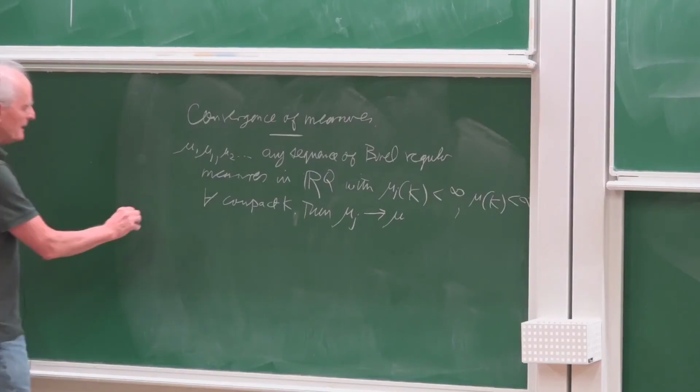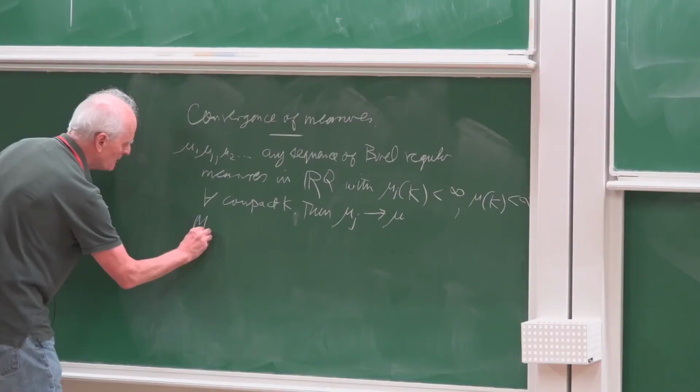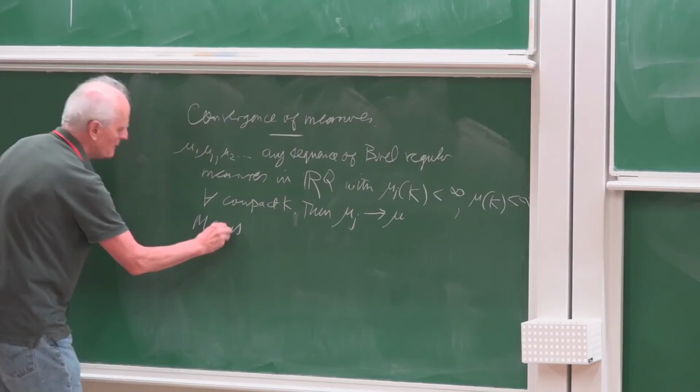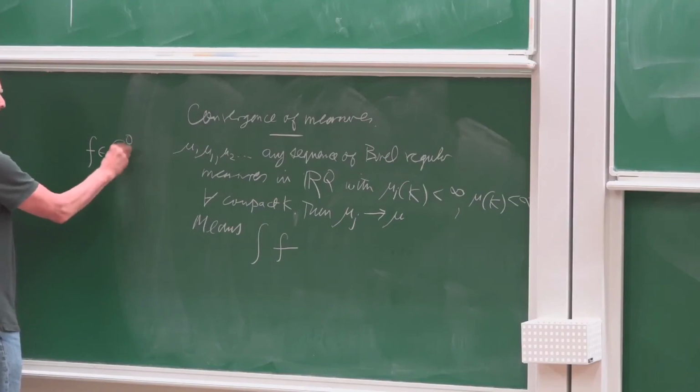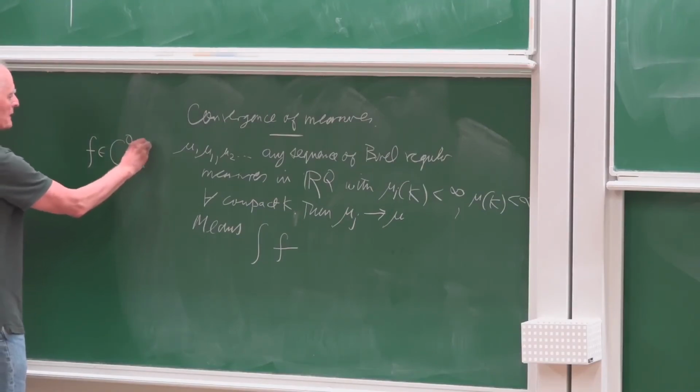Mu_j converges to mu means that, you take any fixed continuous function with compact support. So here f is going to be a continuous real-valued function with compact support, a C_0 function with compact support on Euclidean space.